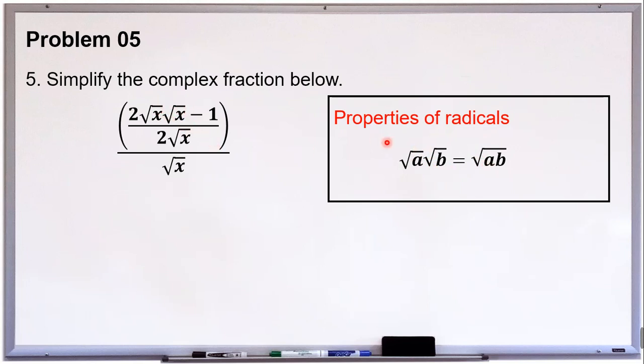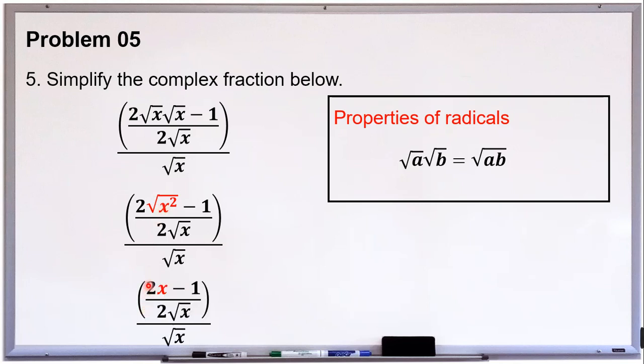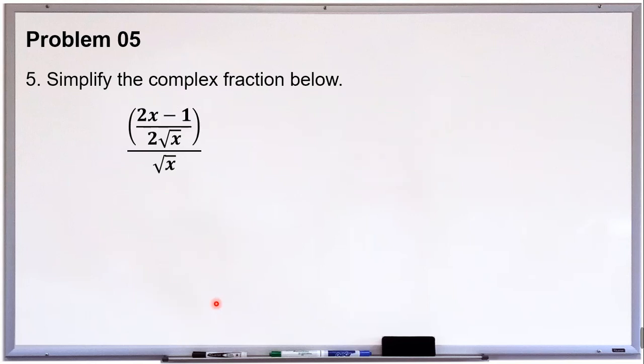We're going to apply this rule right here, so you have 2 square root of x squared. Notice that the exponent of x is equal to the index, so we can extract x from this radical expression. So you have 2x minus 1 all over 2 square root of x, all over square root of x.